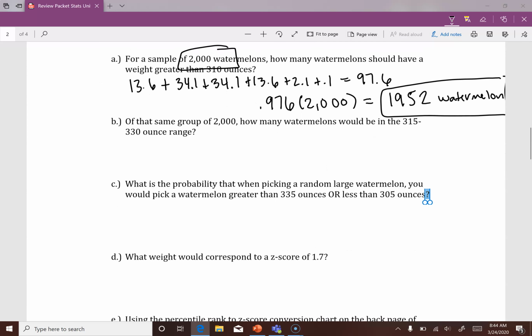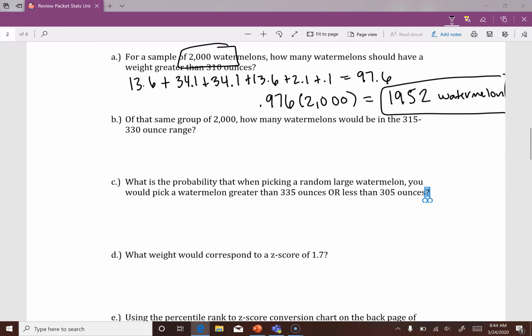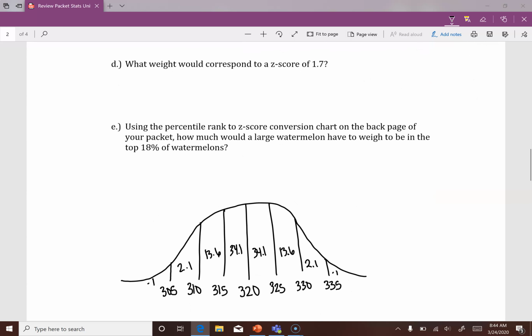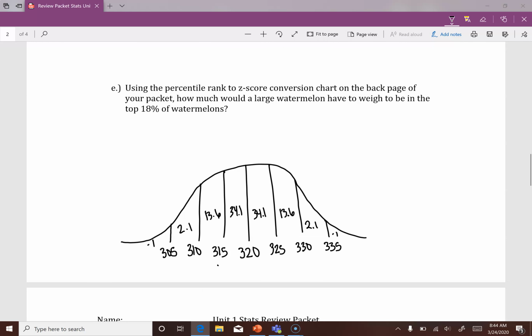All right, so now on that same group, how many watermelons should be in the 315 to 330 ounce range? So 315 to 330. So we're talking about adding up this one, and that one.